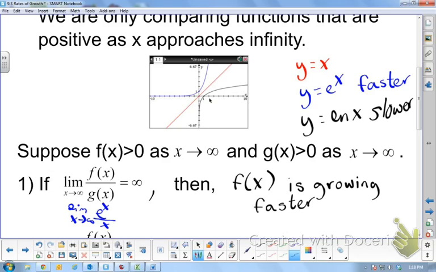It comes up with the infinity sign. Yeah, e to the million, our calculator can't even calculate it at that point. It's too much information for our calculator. So, since this top function got big so fast, the bottom function didn't even touch it, which means the top function is growing faster. It is a faster function.